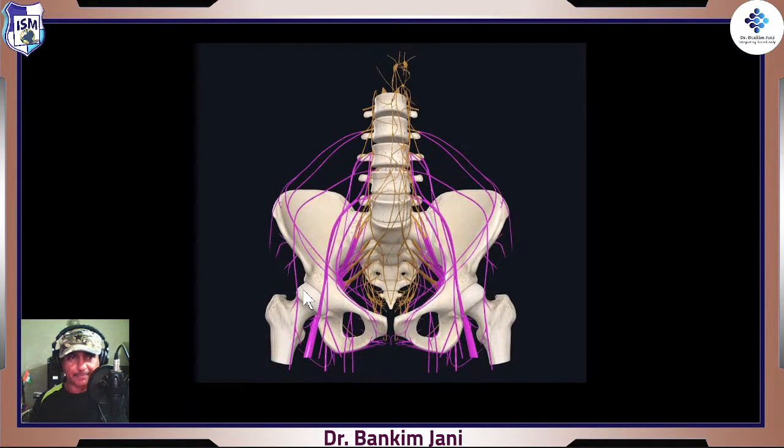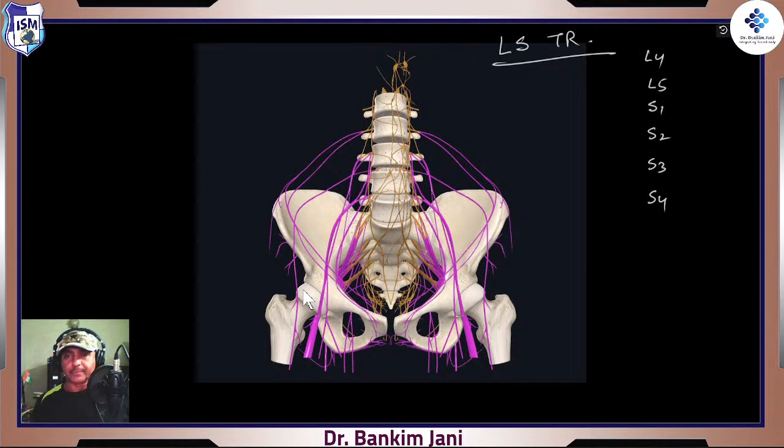Now see in this, the lumbosacral trunk is carrying L4, L5, S1, S2, S3, S4, right? Only partially from L4, from L5 it goes.